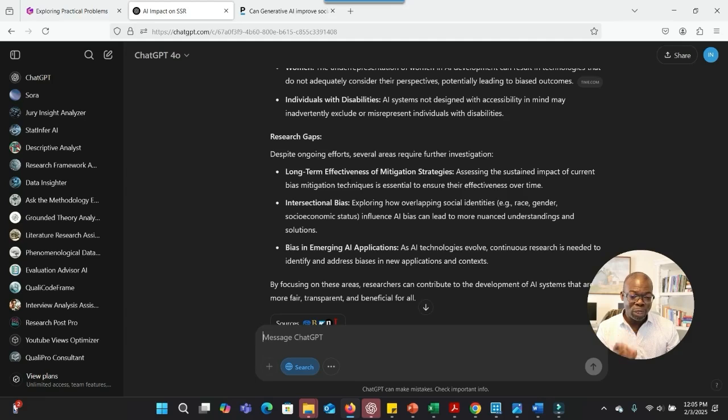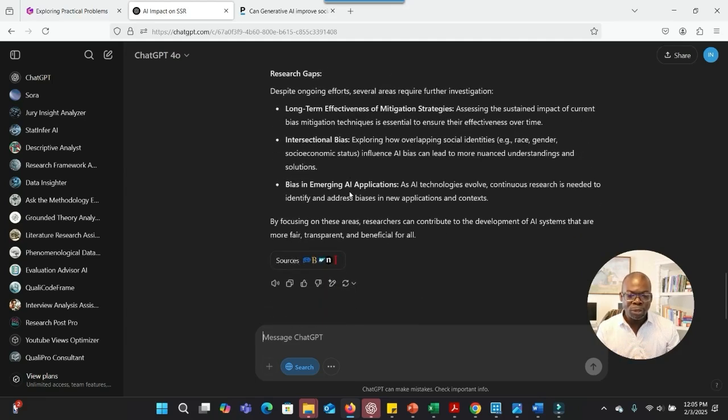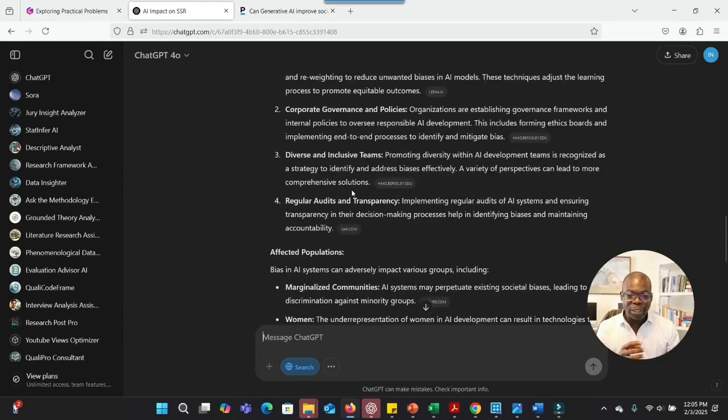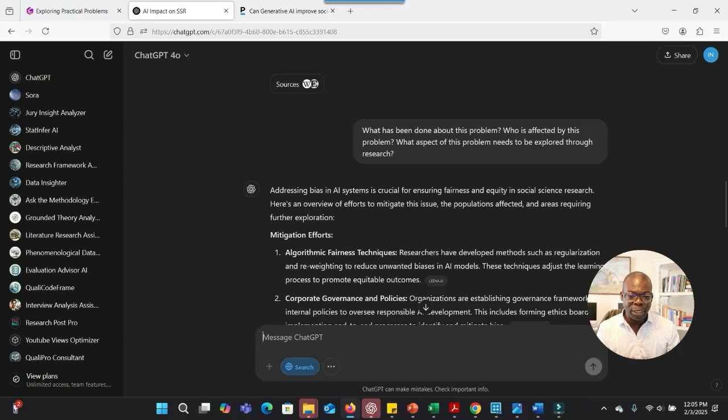And this also helps you in communicating the significance of the problem. Why do we have to spend time and resources doing research to address this problem? So these are the things that you may gain, and this information may help you to think about your practical problem. Let's move on to Perplexity and give the same prompt and see what we're going to get.